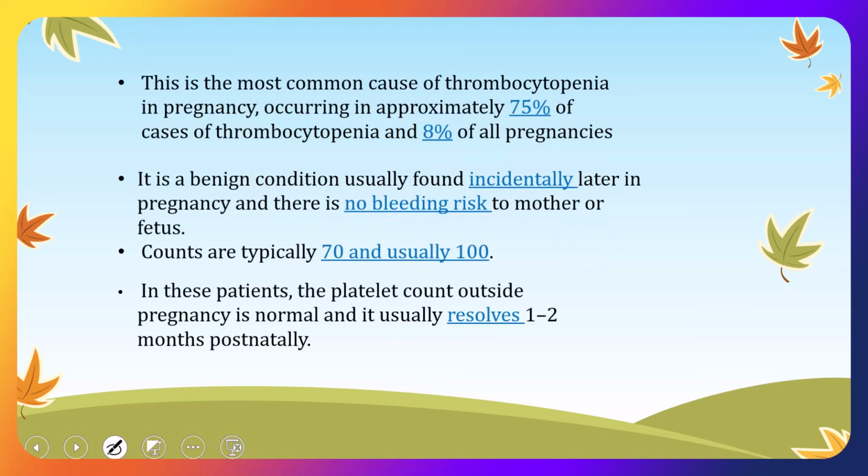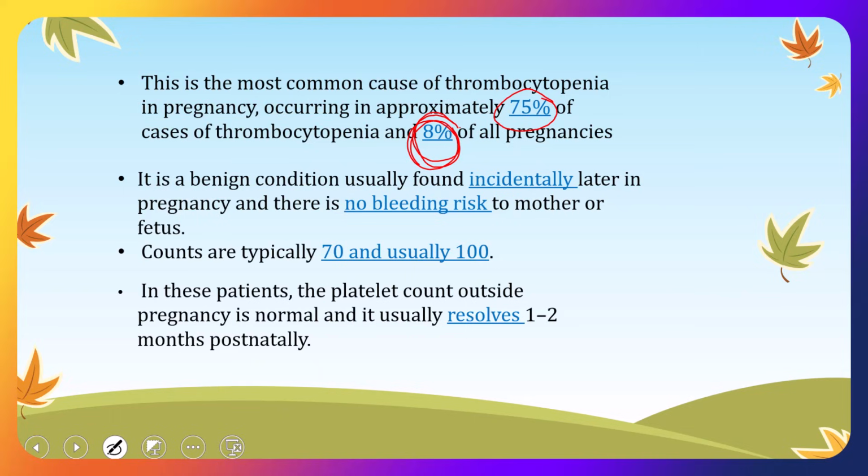Now, this is the most important and most common cause of thrombocytopenia in pregnancy, occurring in approximately 75% of cases of all thrombocytopenia and 8% of all pregnancies. That means the big chunk of thrombocytopenia consists of thrombocytopenia of gestation, that is gestational thrombocytopenia.